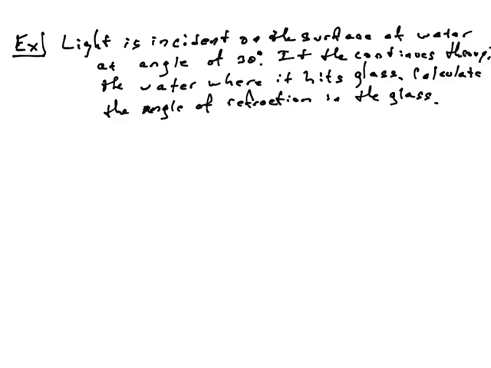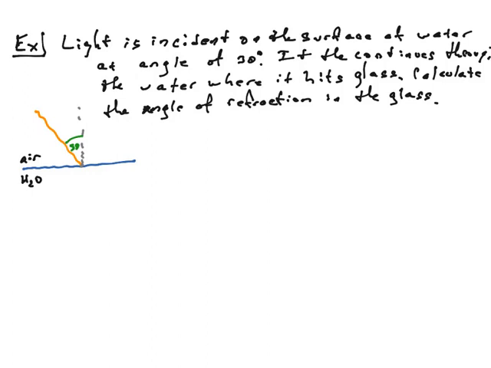It just says it hits the surface of water, so I can assume we're starting in air and we hit water. So, okay, here's the water. And light comes in, hits the surface of the water, and I'm told that I hit at an angle of 30 degrees. Okay, so here's air and water.